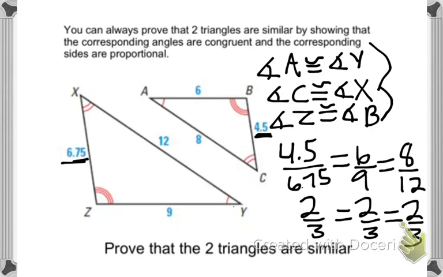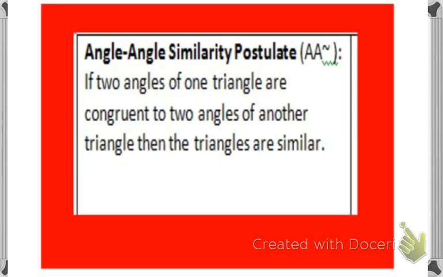And then we got 6 and 9, the next two smallest. And we got 8 and 12. Alright, and then I simplified each one of these, and I end up with 2/3, 2/3, 2/3, and notice that they all are equal to one another. So these two triangles are similar because all the sides are proportional and all the angles are congruent.